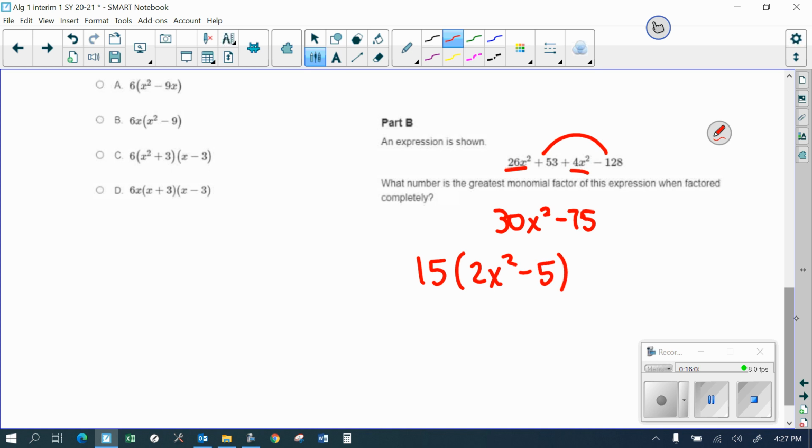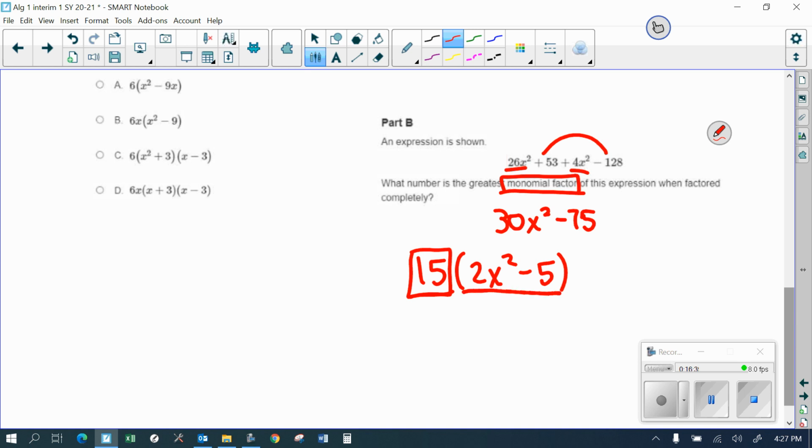Okay, so the monomial factor, here's where it's tricky. A monomial has to be one term of a polynomial, which means it has to have an x in it.